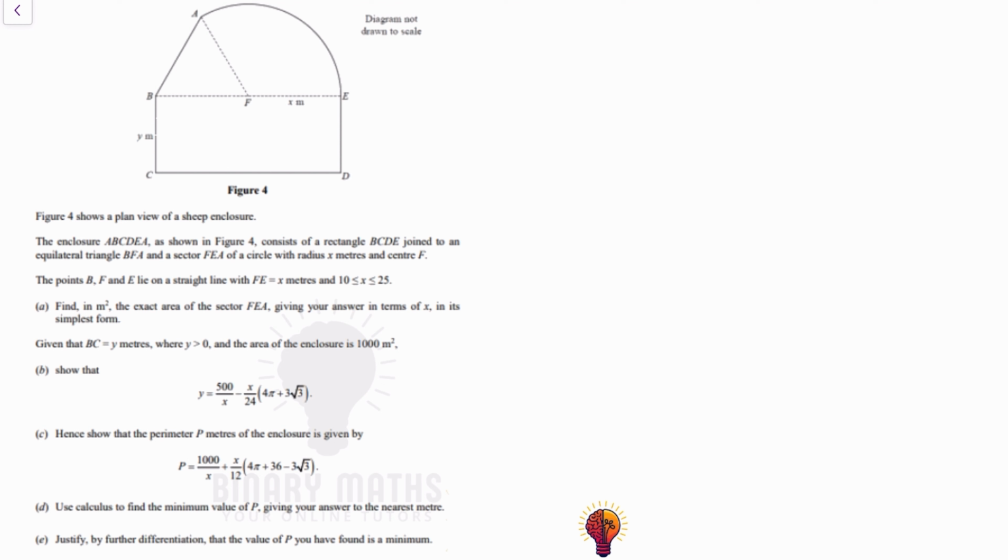So the area of sector FEA is what we're trying to find, giving your answer in terms of x in its simplest form. It's going to be half r squared theta, which is equal to half x squared times, we know this is pi over 3.